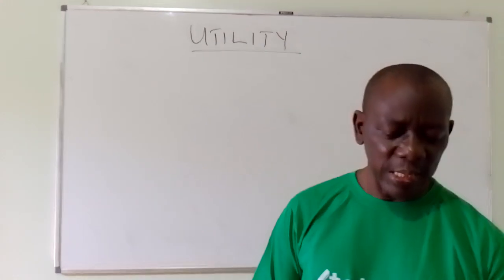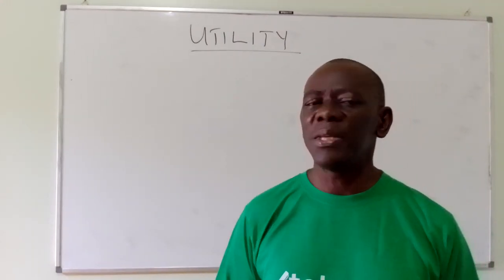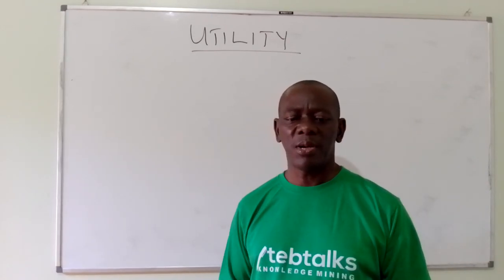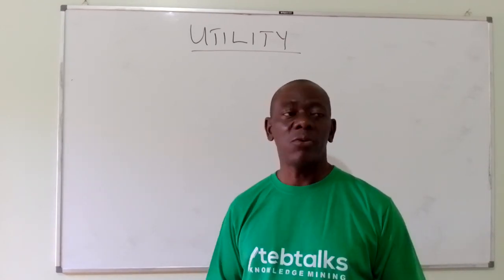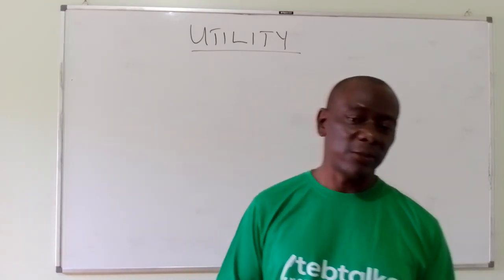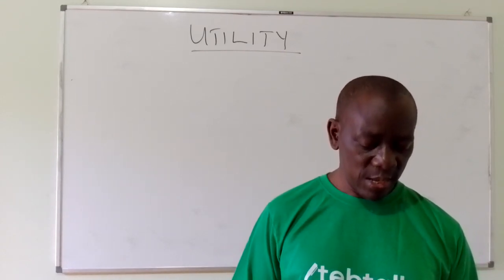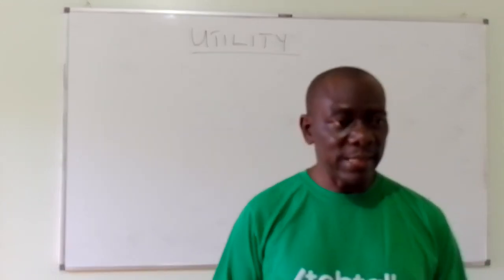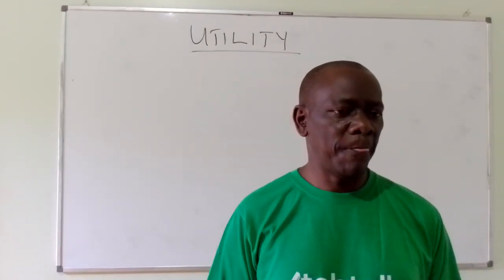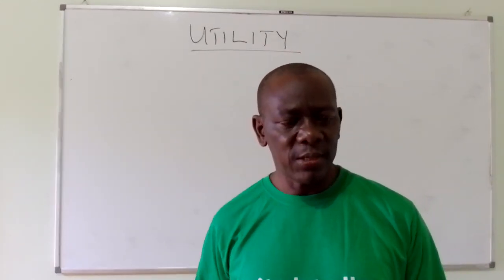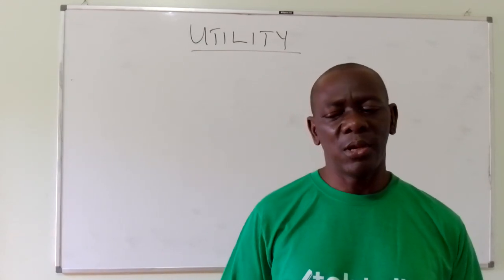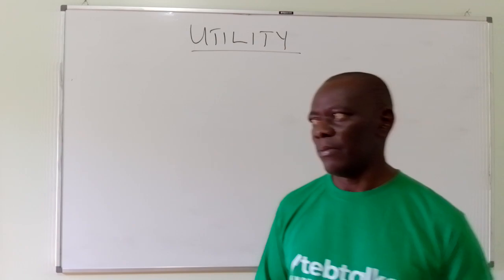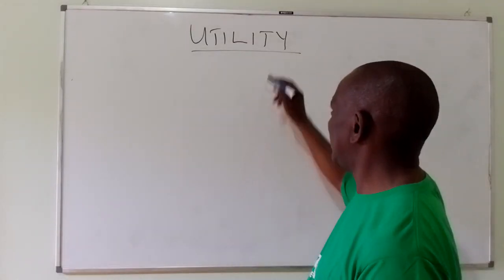So that's why we bring in utility, because it's a big determinant in the behavior of a consumer in the market, when he is using a service or buying a commodity. So utility is that satisfaction you get when you consume a product or use a service.